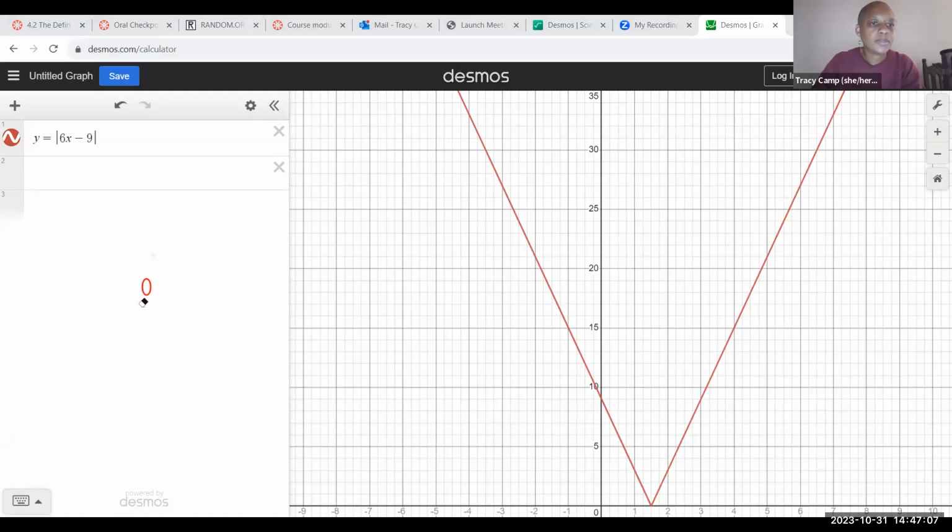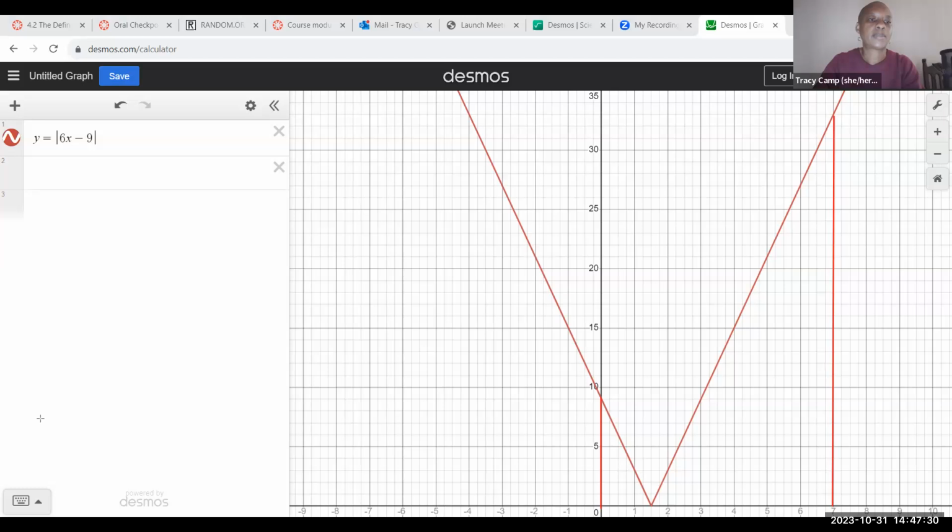So let me get rid of this, and we are going from 0. So starting here, and then we're ending at 7. Again, those numbers 0 and 7 I got from the original problem.